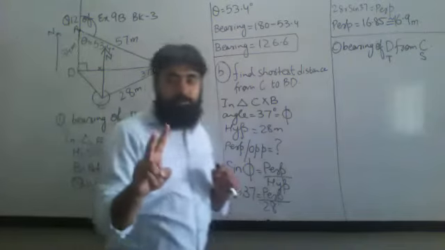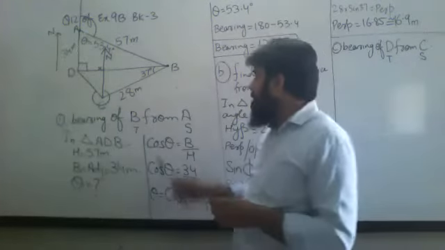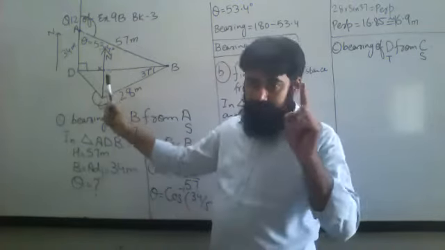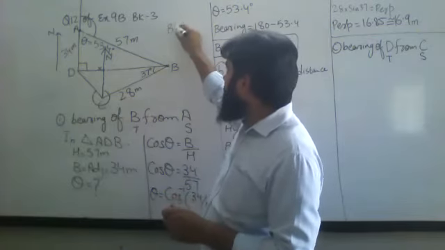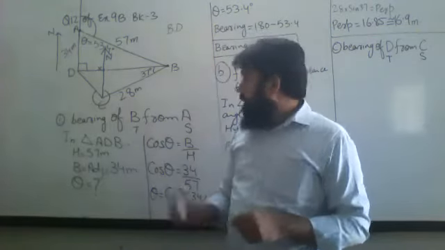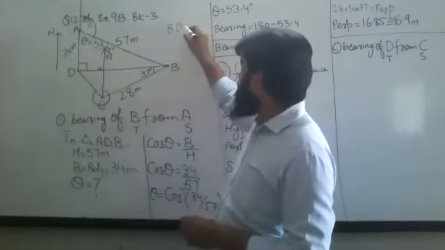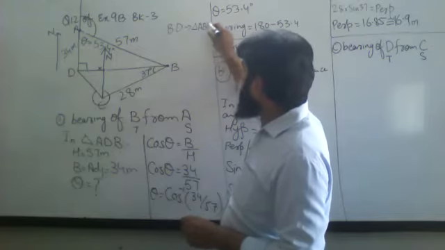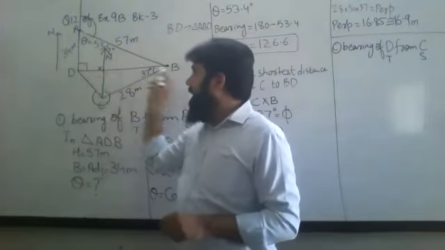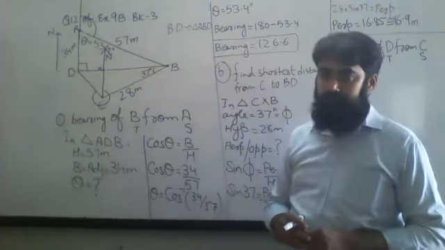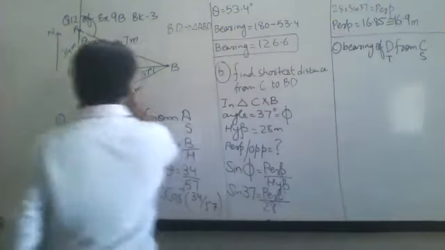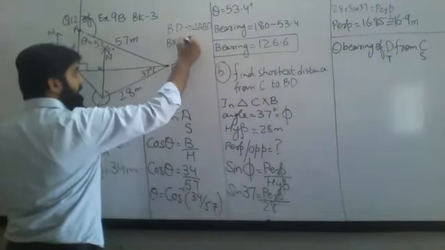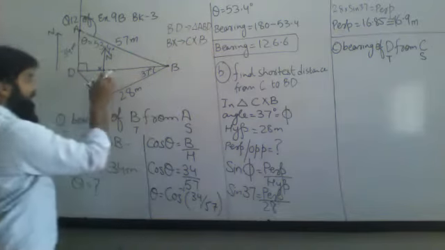There are two ways to solve this part. First of all, I can find the length of BD from triangle ABD. From this triangle, I will find this whole length. Then I will find BX from triangle CXB.